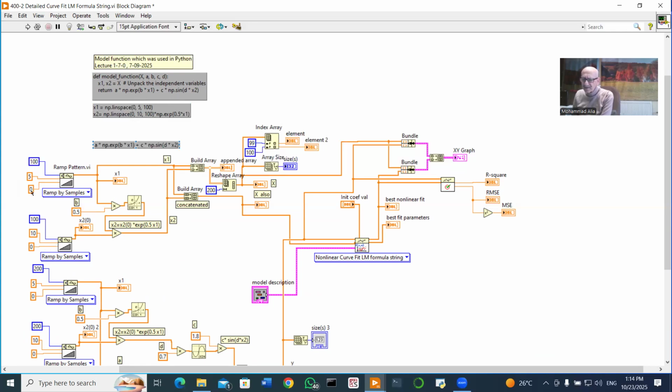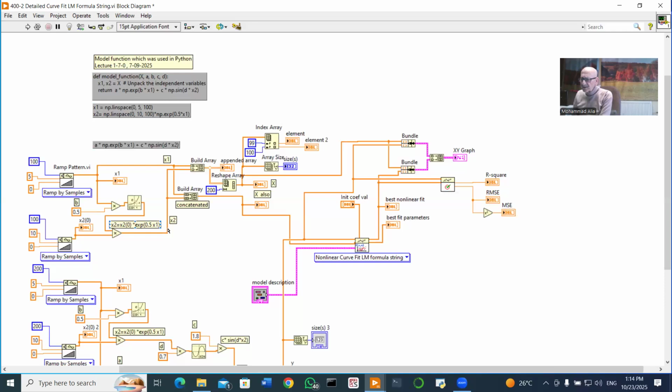So here it is the range between 0 and 5. Now, to create x2, it is in the range between 0 and 10 with the same number of samples as here. And now we got this component. This component will be multiplied by the exponential output here, and this gives you x2.